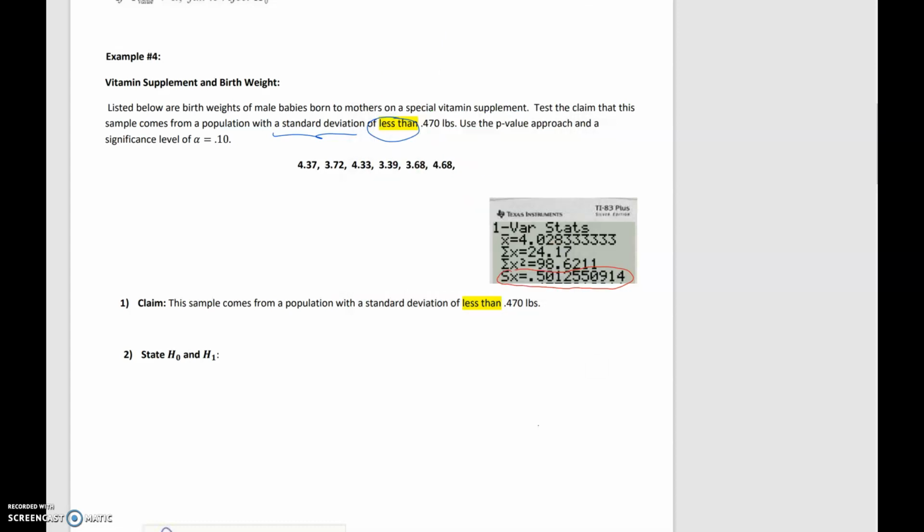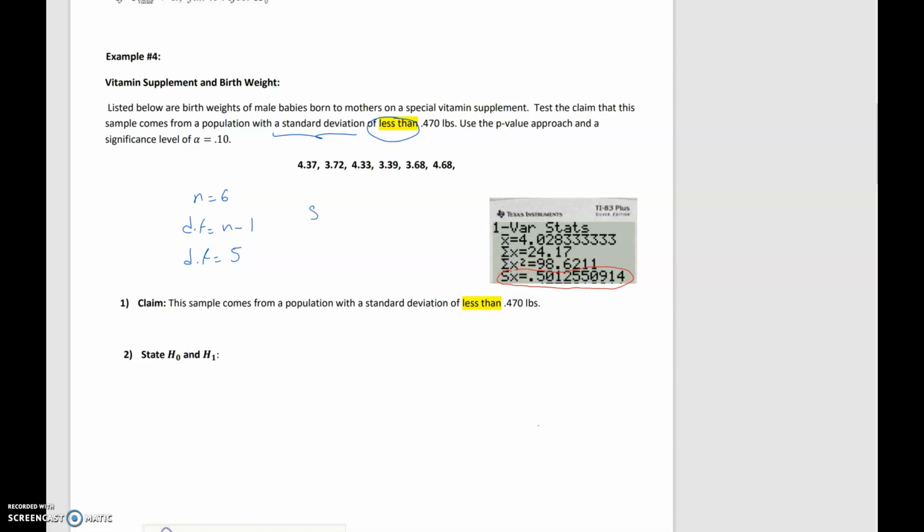So for this problem, we're going to be using the values of n is equal to, and I'm counting 1, 2, 3, 4, 5, 6. n is equal to 6, so degrees of freedom is equal to n minus 1, which is 5.